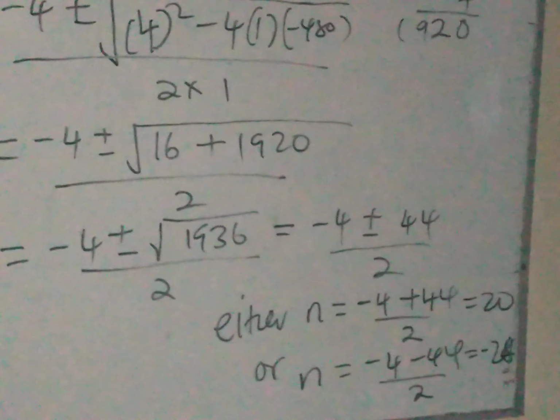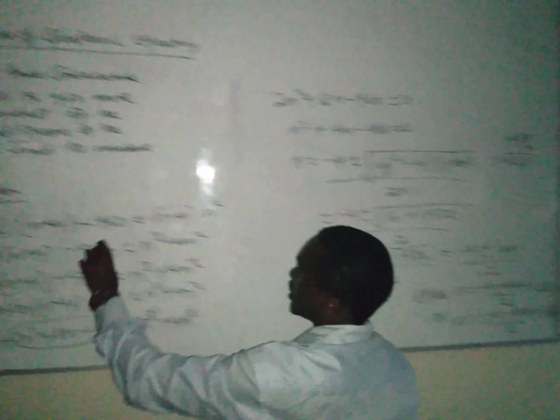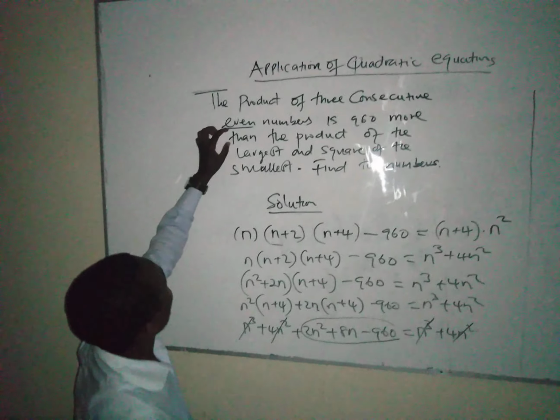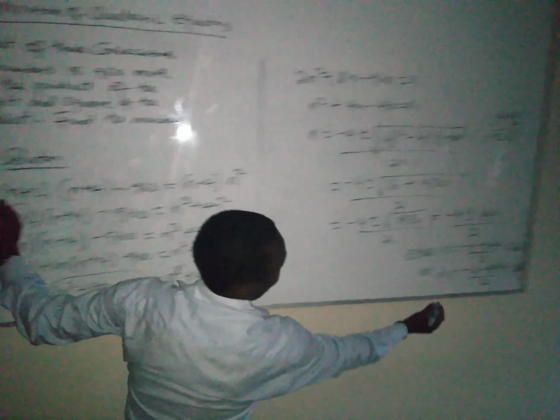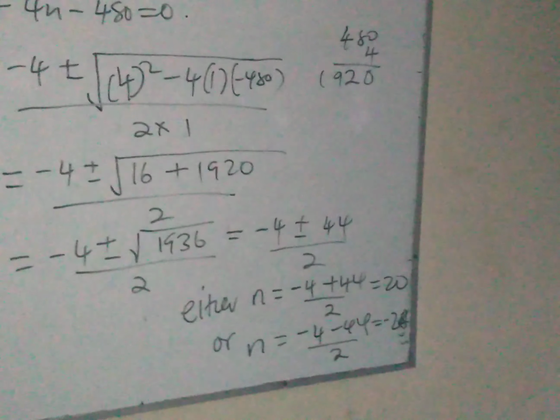And of course, we are told that these are even numbers, and so we have 20 and negative 24.